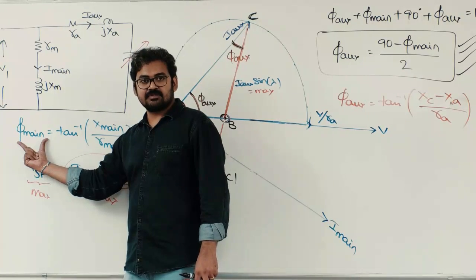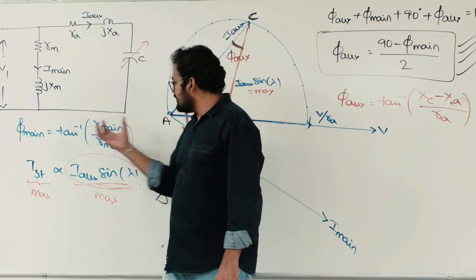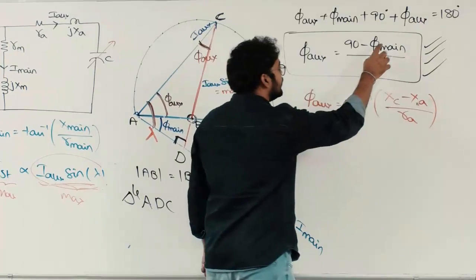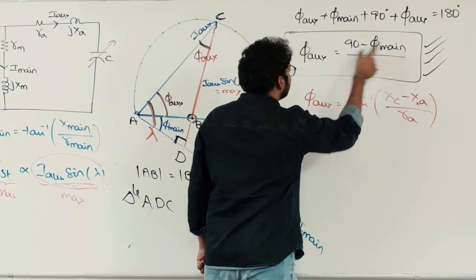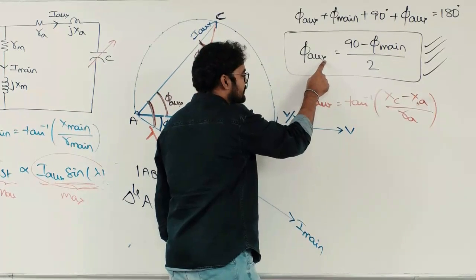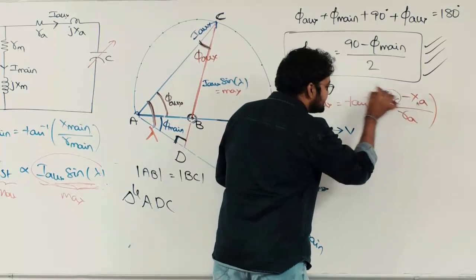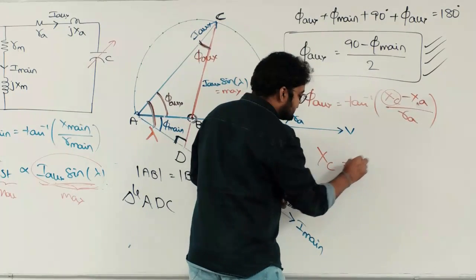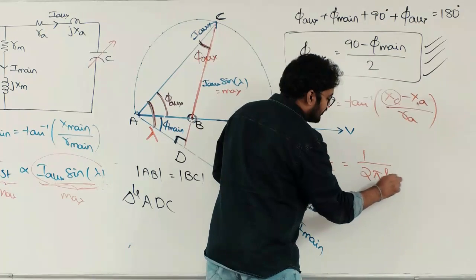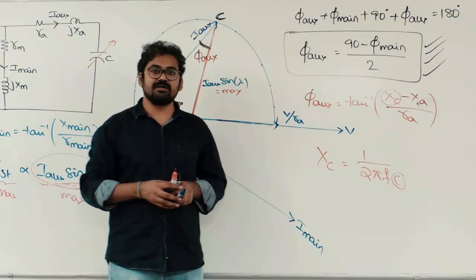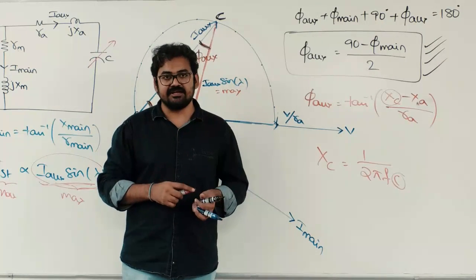Whenever you get phi main, take that value and substitute in this formula. Once you substitute phi main here, we will get phi auxiliary. Substitute that phi auxiliary here, and from that we will get XC. Whenever you know XC, you will be able to get the capacitor value from XC. So we will solve a numerical question, then you will get more clarity on this.